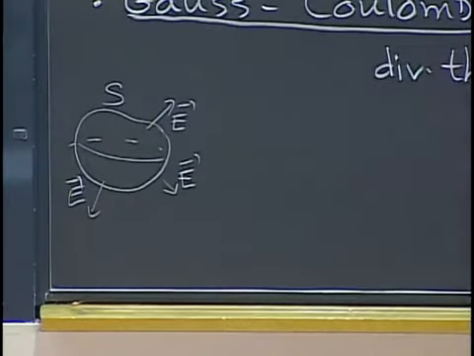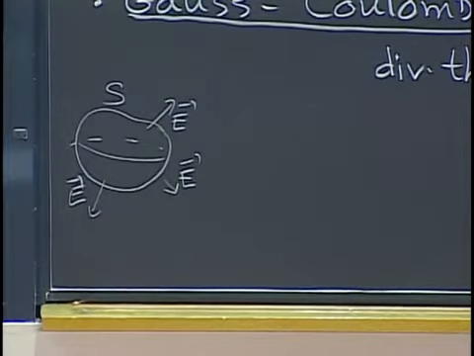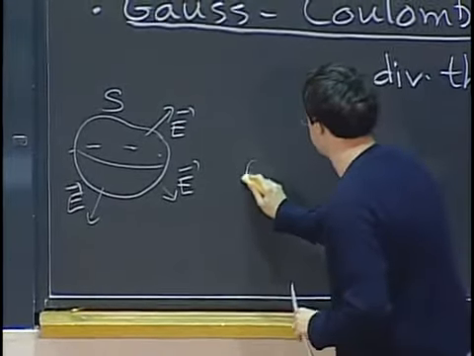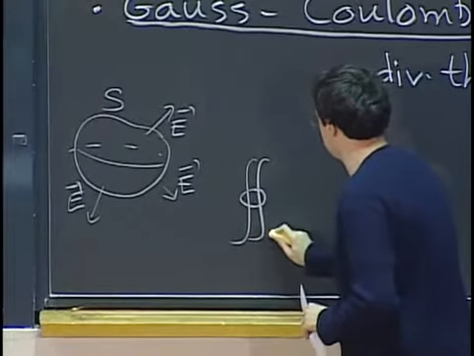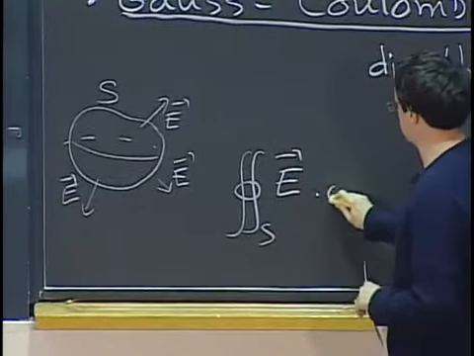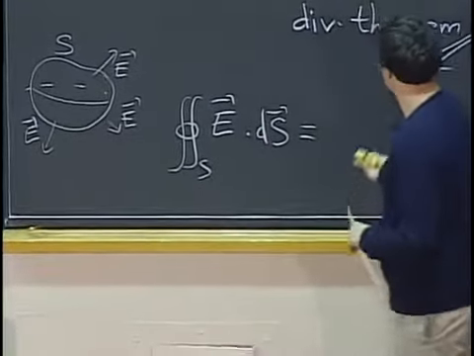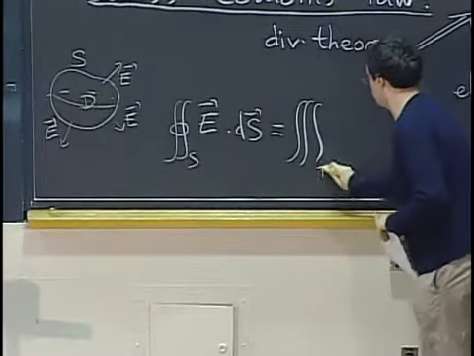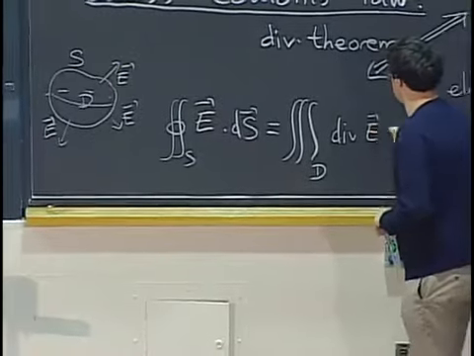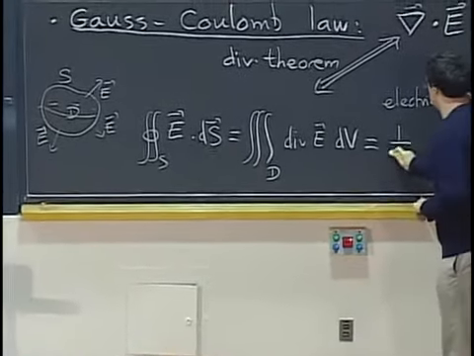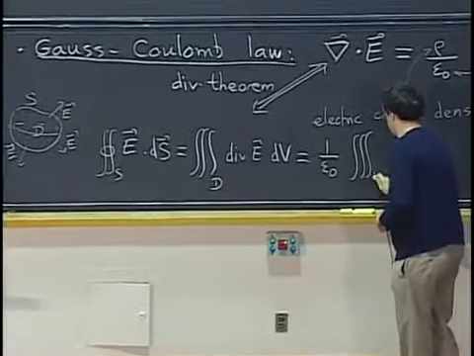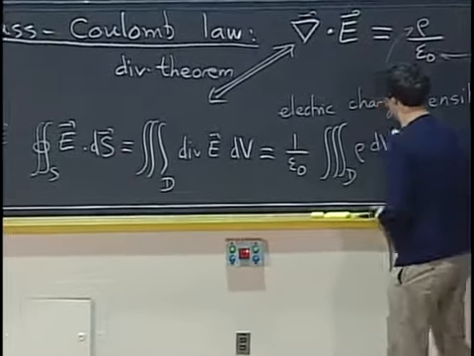So we haven't really thought about what the flux of a force field does, and I don't want to get into that because there's no very easy answer in general, but I'm going to explain soon how this can be useful sometimes. But so let's say that we want to find the flux of the electric field out of a closed surface. Then by the divergence theorem, that's equal to the triple integral over the region inside of div E dV, which is, by the equation, 1 over epsilon 0, that's this constant, times the triple integral of rho dV.